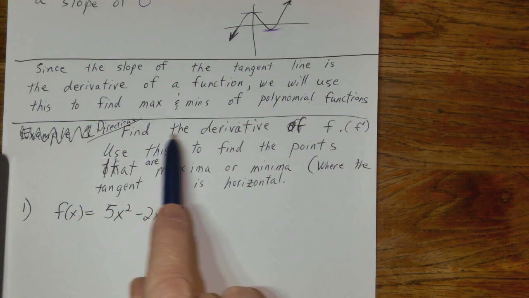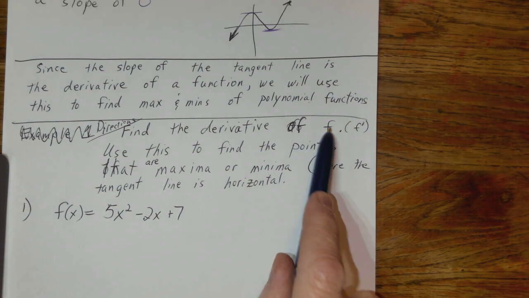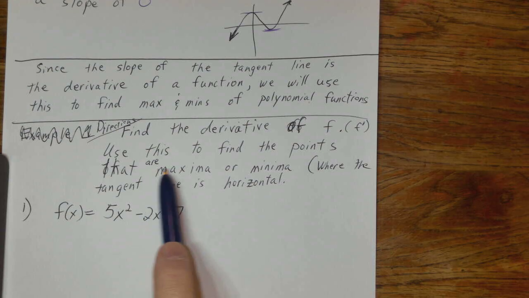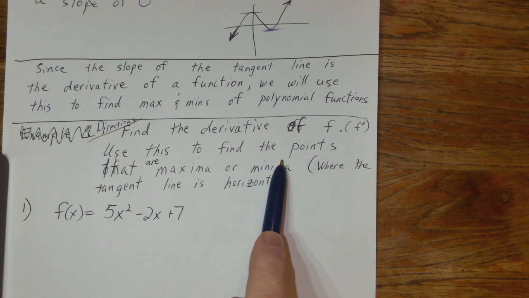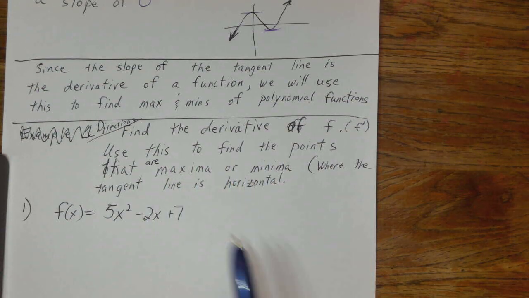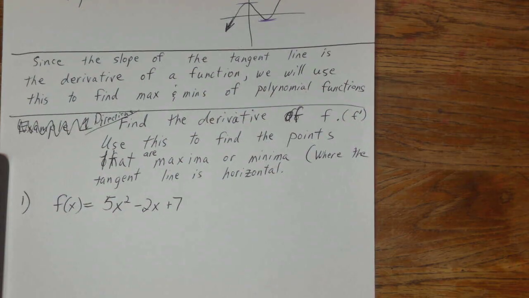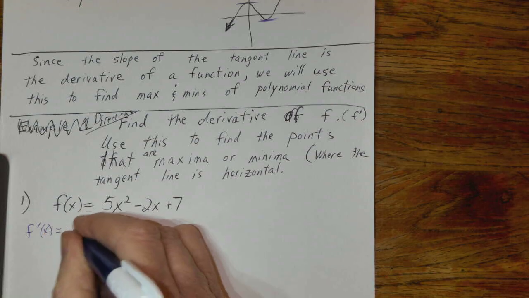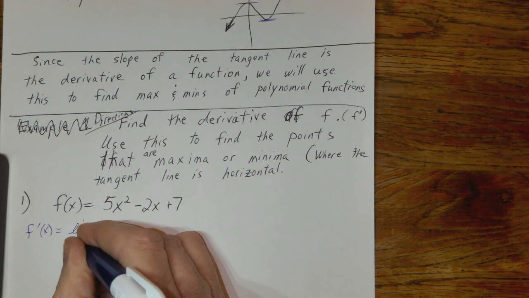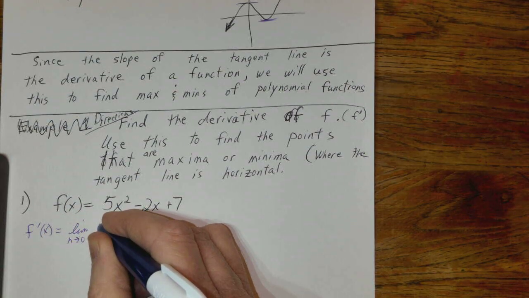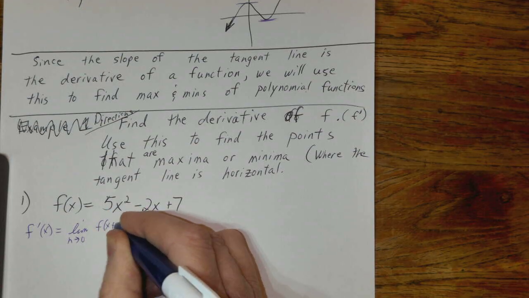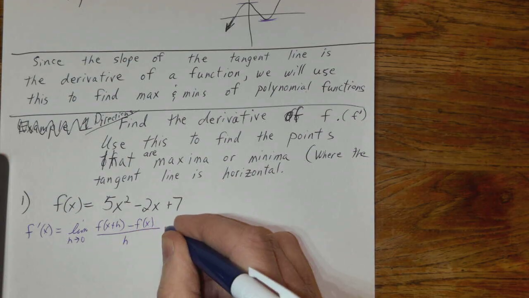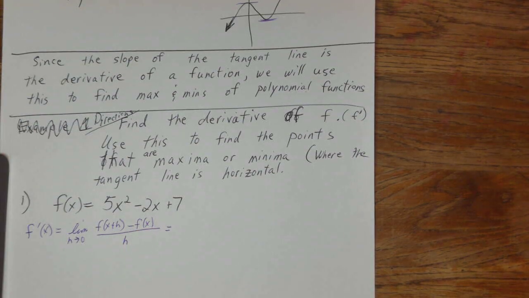Here are my directions. Find the derivative of f, that would be f prime. Use this to find the points that are maxima or minima, and that's where the tangent line is horizontal. So, f prime of x equals the limit as h approaches 0 of f of x plus h minus f of x over h. By this time we have done this a lot.